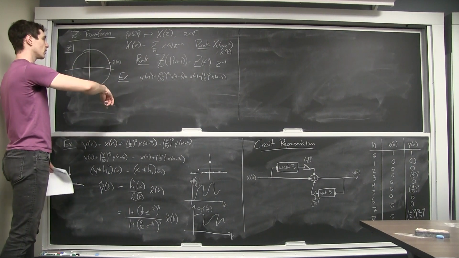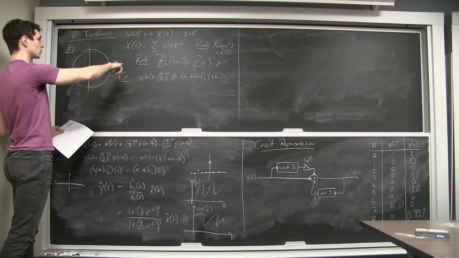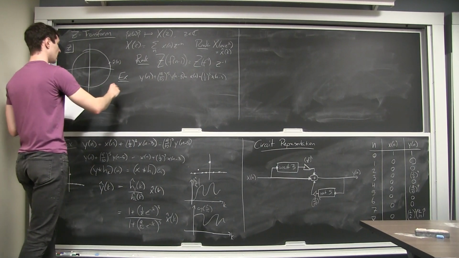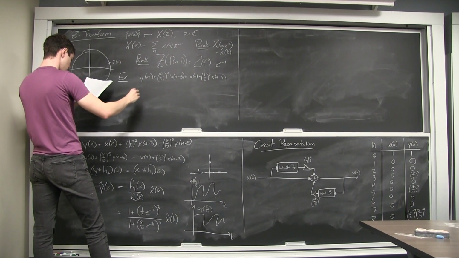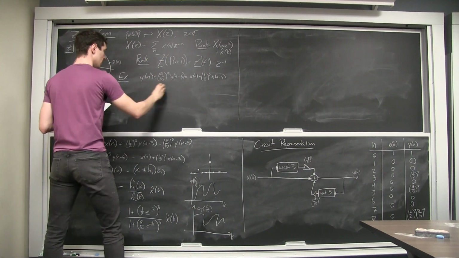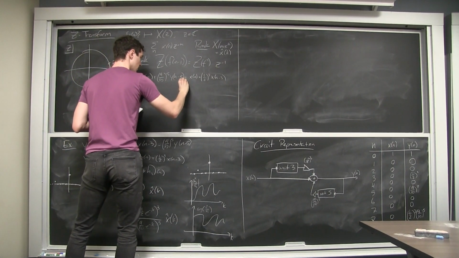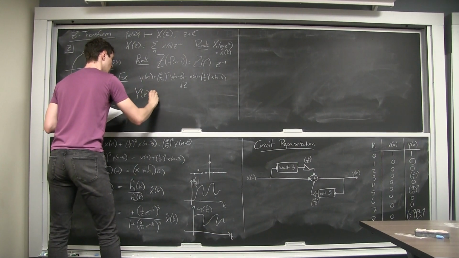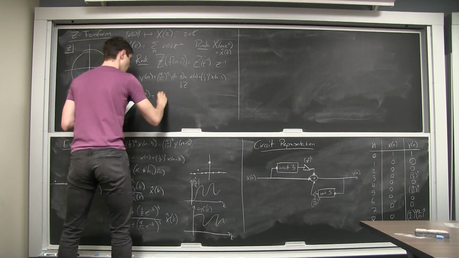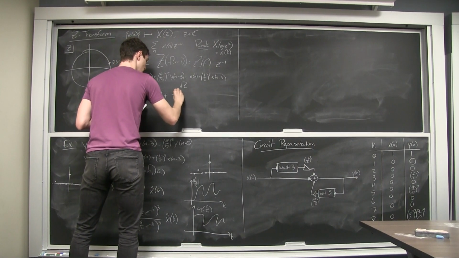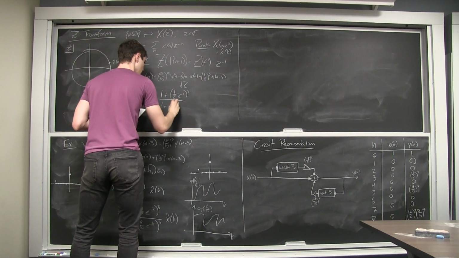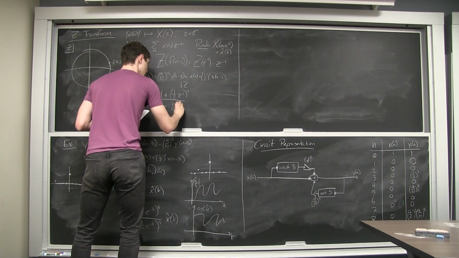The convolution also works nicely with the Z transform. Then what we end up with is taking the Z transform, you get capital Y of Z is this ratio of polynomials. So now 1/2 Z inverse cubed over 1 plus 9/10 Z inverse to the 5.